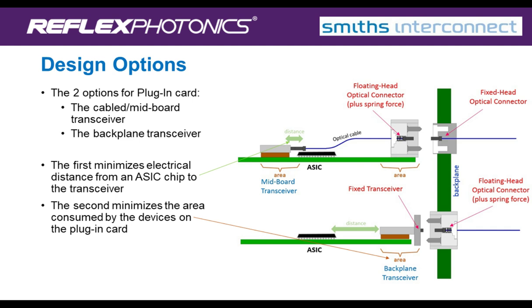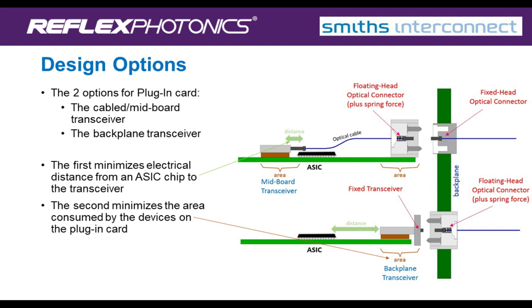So a simple explanation of the pros and cons is that the top one has the ability to place the transceiver anywhere near and as close as you want to the main ASICs, providing the data, so an FPGA or a processor, a GPU, something like that, and then strand fiber from it over to a connector at the backplane, a passive connector at the backplane.